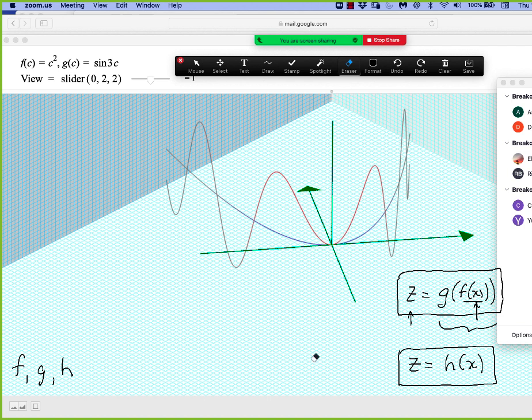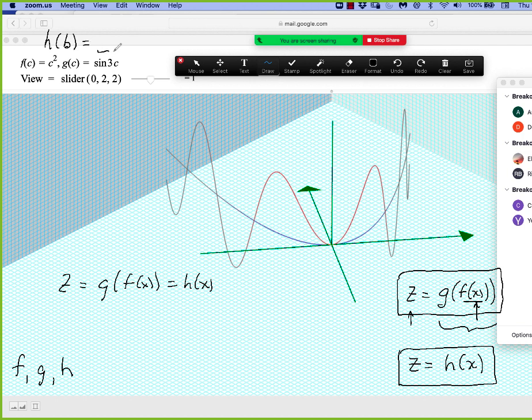So can we find a formula for h? Is there a formula for h? Let's say h of b.